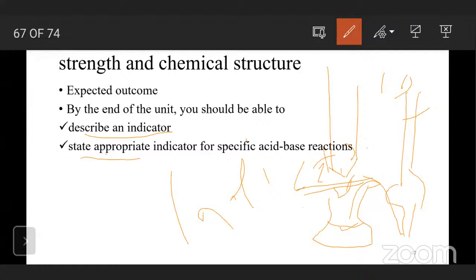If you have a strong base against a weak acid, and so on, which indicator will be appropriate for that type of acid-base reaction? We'll be able to discuss that by the end of today's class. So just remember what you did in secondary school, or what you have read in some textbooks. If you didn't do that, maybe in WAEC or NECO, just remember what you have done before.